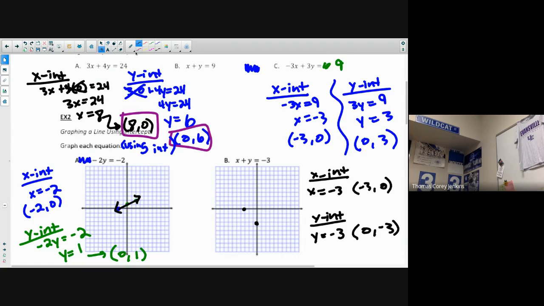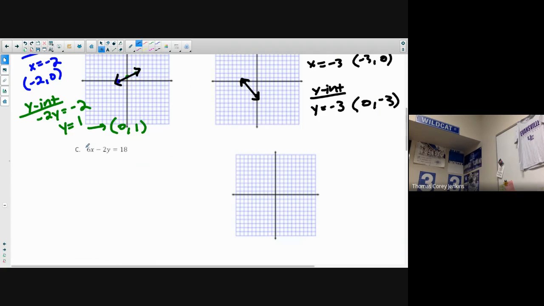Any 2 points is enough to draw a line through. I'm going to go ahead and draw my line, and then I'm just going to finish with arrows to show that it goes on forever. I'm going to leave this one, C, for you all.